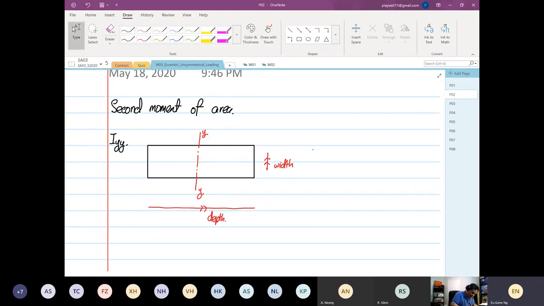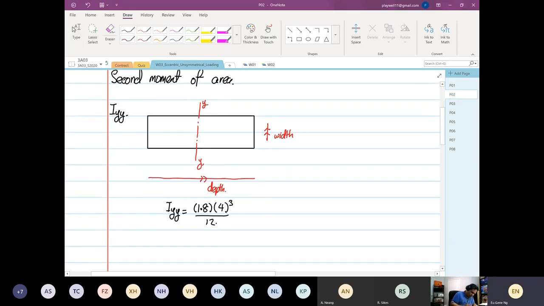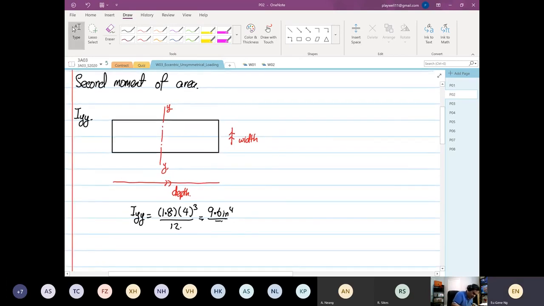So you will have Iyy equal to the width, which is 1.8, and then the depth, 4 cubed, divided by 12. So the outcome of this is 4 to the power 3 times 1.8 divided by 12. So it's 9.6 inches to the power 4. Then I will do it by the side. You can compare for yourself.